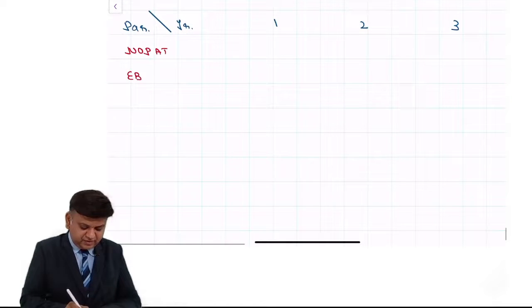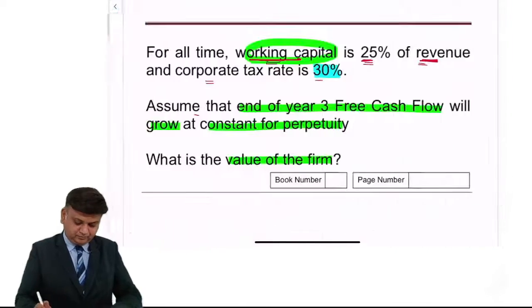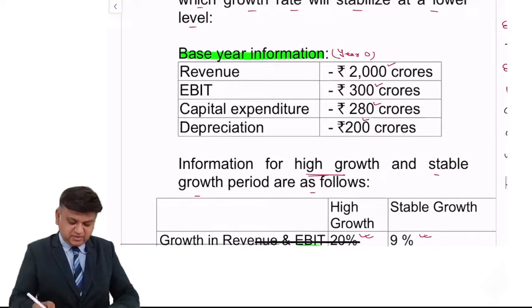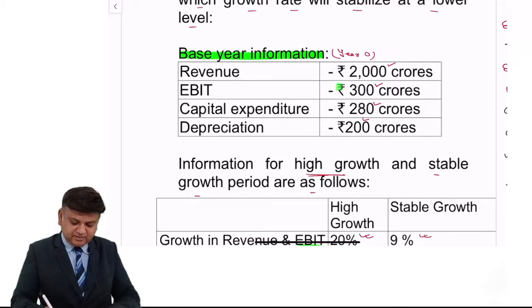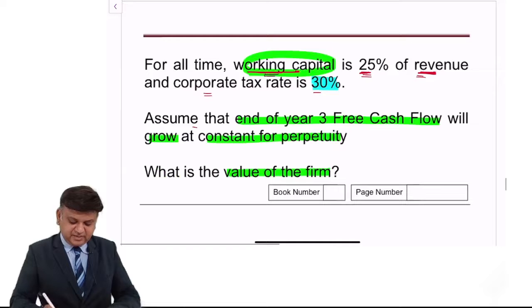That is earnings before interest and taxes into 1 minus the income tax rate. You can see that the information is provided to us. The base year operating income is rupees 300 crore. That is year 0. It will grow at the rate of 20%, and the income tax rate is provided as 30%.